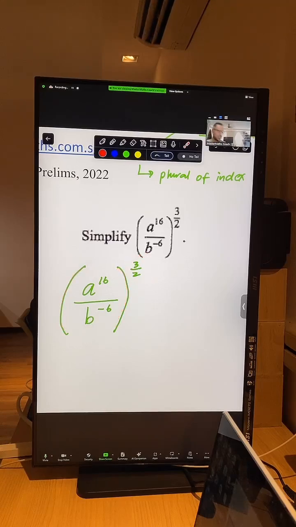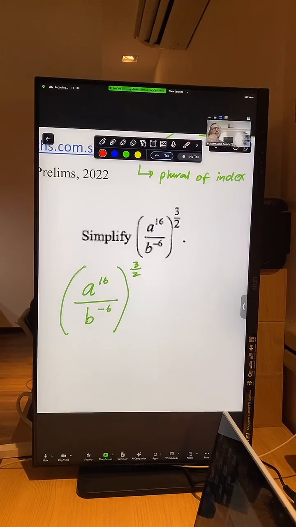what you must do is multiply the 2 indices together. If you have a fraction like this, it's still the same. You take this index here and multiply it by this index over here, and this index over here, multiply it by this index over here. Then one more thing you notice is this index is negative.